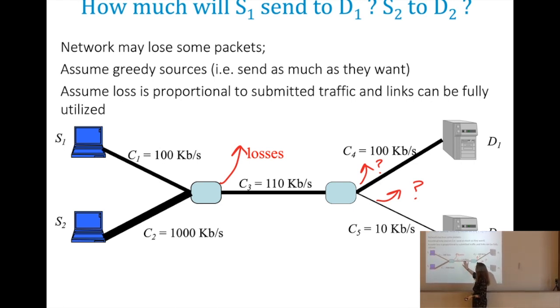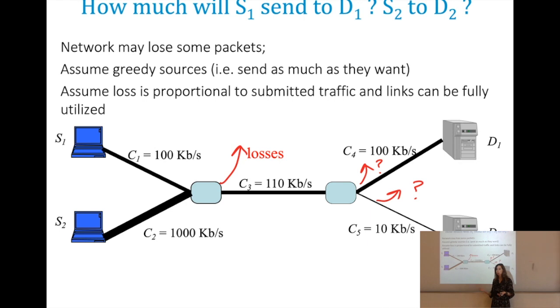This third link has a capacity of 110 kilobits per second. But before entering this link, we have data coming at 1100 kilobits per second if we add the 2 links. And this link is able to accommodate only 10% of the arriving messages. So it will lose 90% of the incoming messages here.